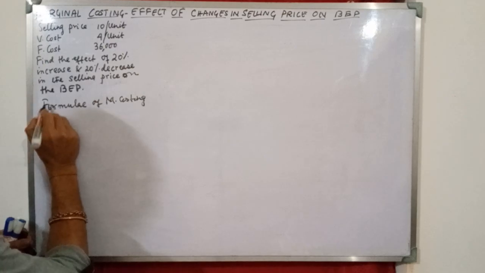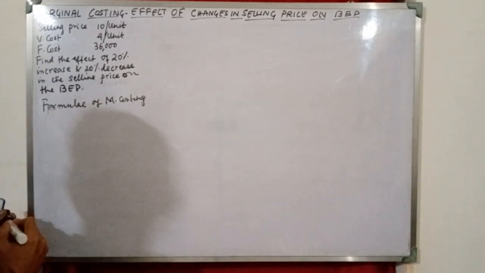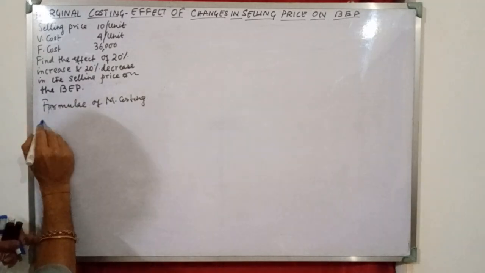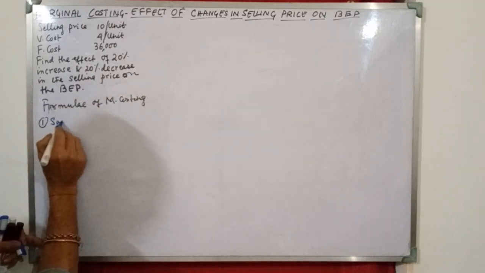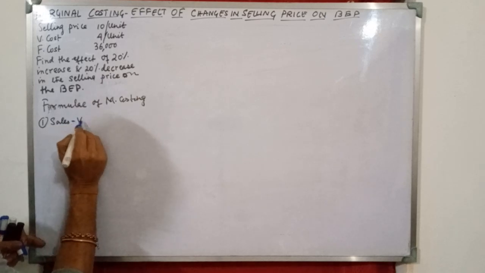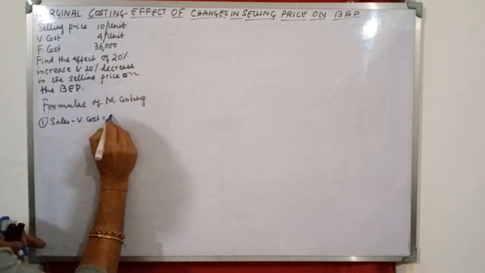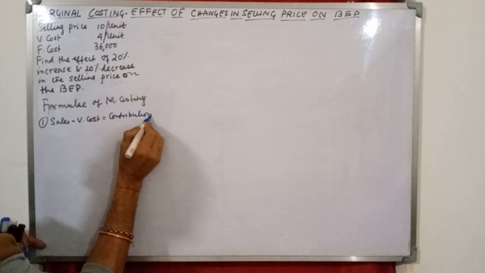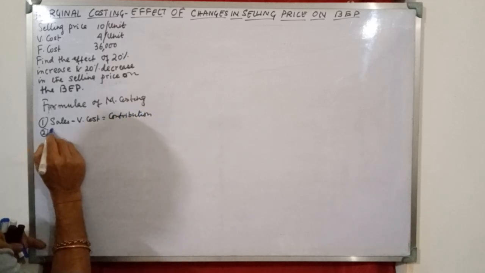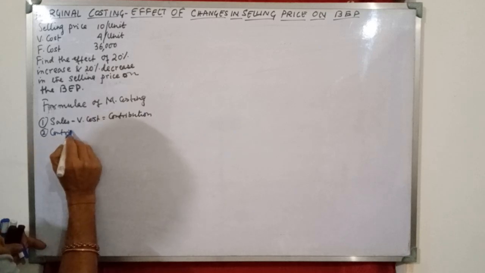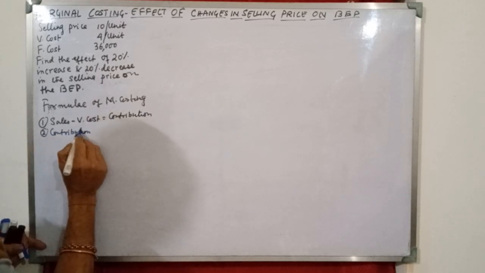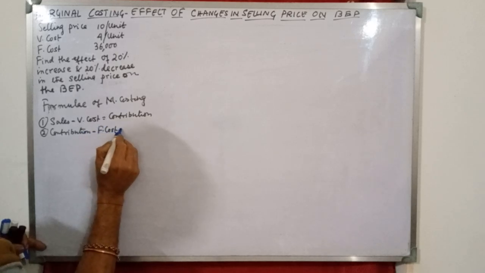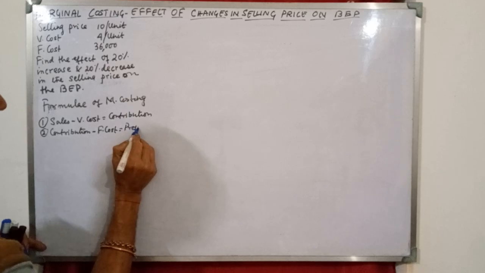Number 1, sales minus variable cost is equal to contribution. Number 2, contribution minus fixed cost is equal to profit.